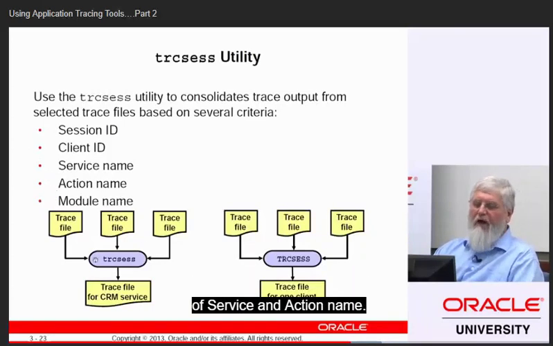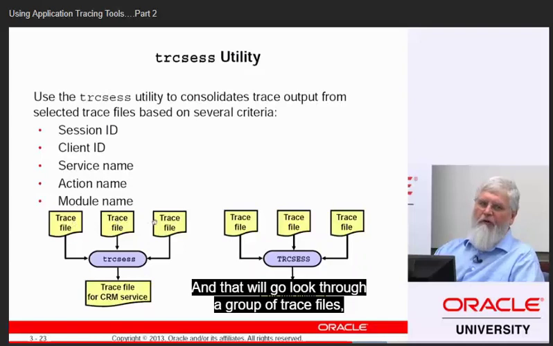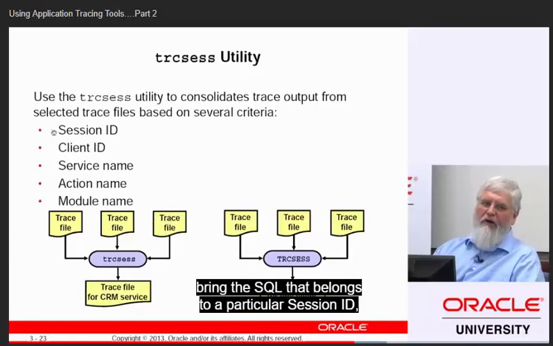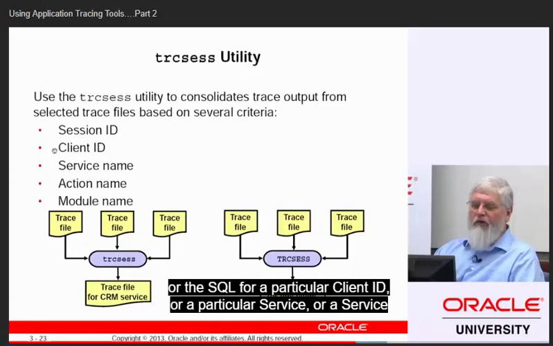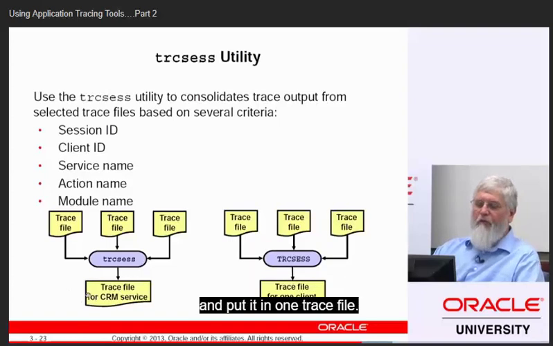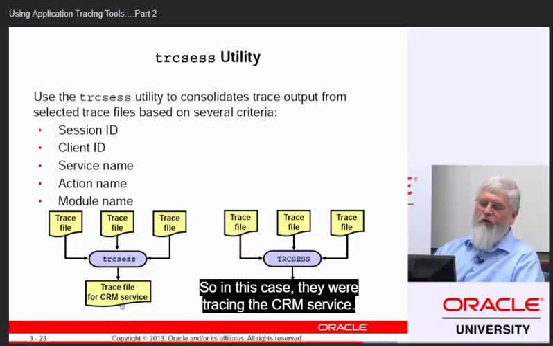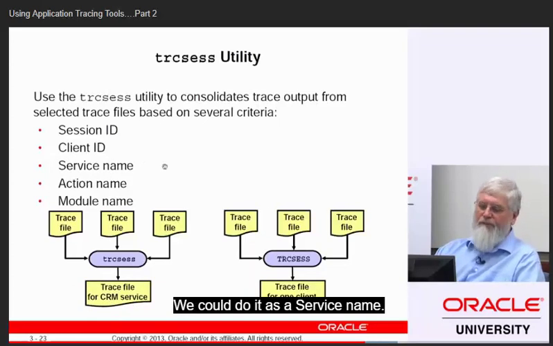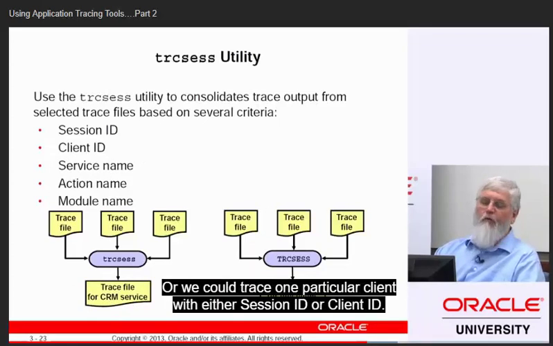And that will go look through a group of trace files, bring the SQL that belongs to a particular session ID, or the SQL for a particular client ID, or a particular service, or service action module combination, and put it in one trace file. So in this case, if we're tracing the CRM service, we could do it as a service name. Okay, or we could trace one particular client by either session ID or client ID.